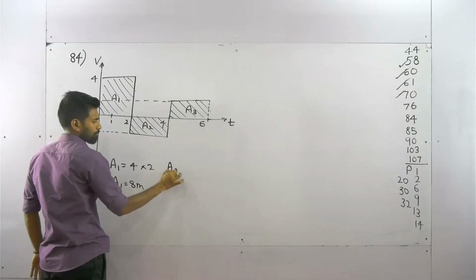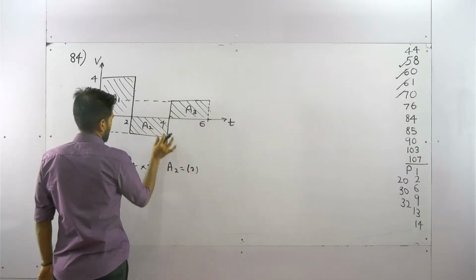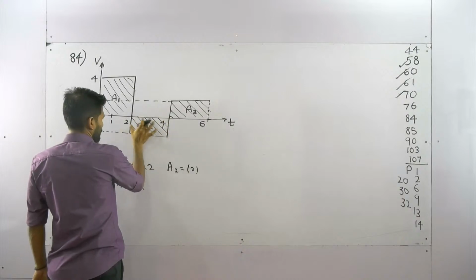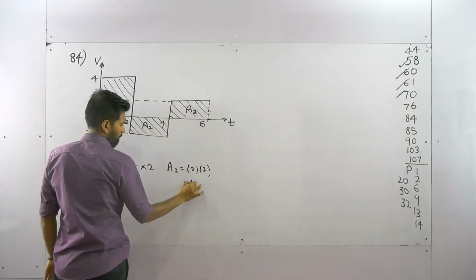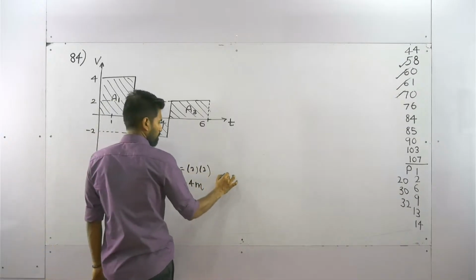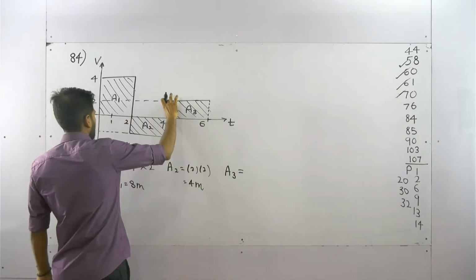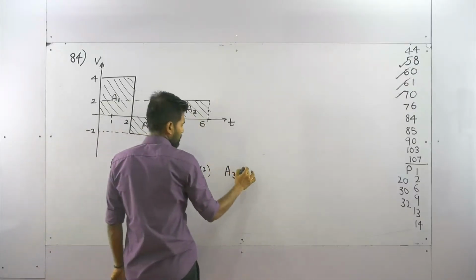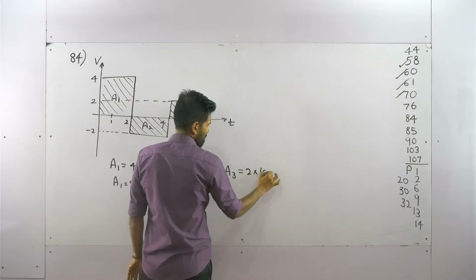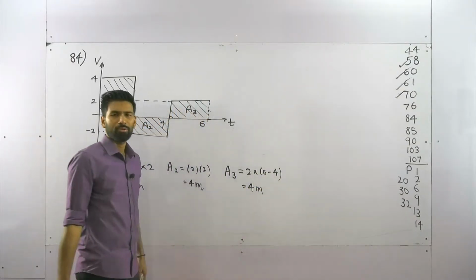A2: height is 2, the other side is also 2. 4 meters. A3: 2 into 2, since 6 minus 4 is also 2. 4 meters. So shall I draw the motion?